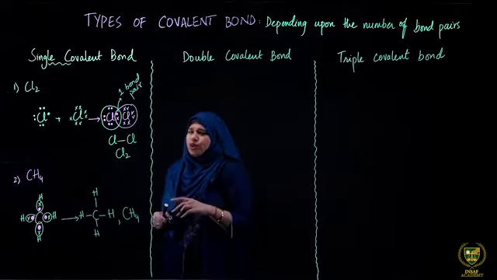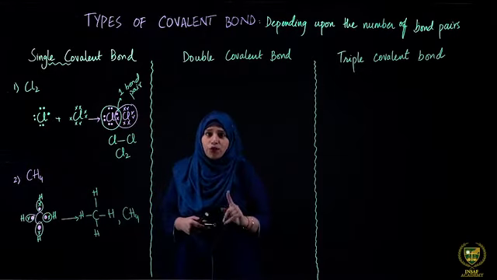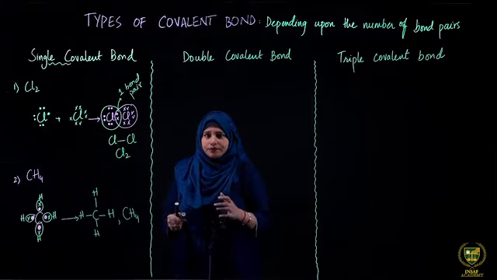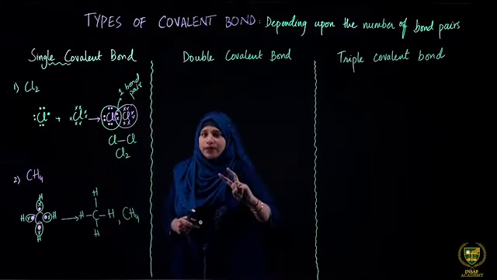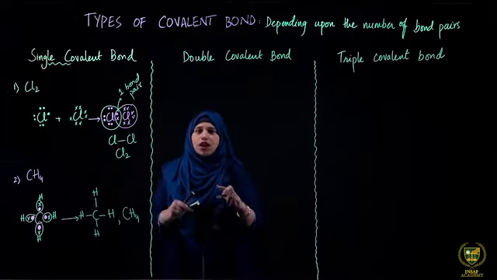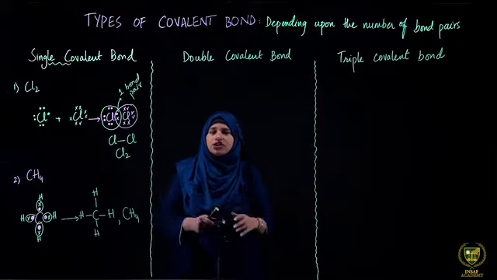But you will say that no, there are 4 bond pairs in total. But between two atoms, there is only one bond pair, because one electron is being shared by each atom.